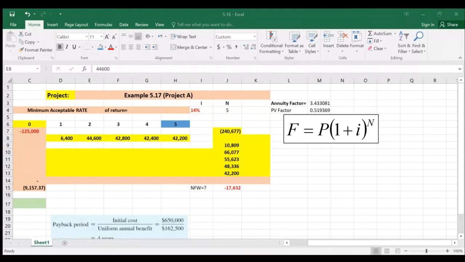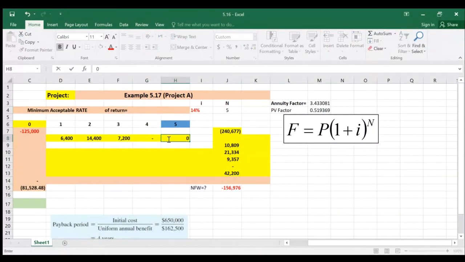These are the cash flows of project A. Year 2, 14,400. Year 3, 7,200. Here we have nothing.